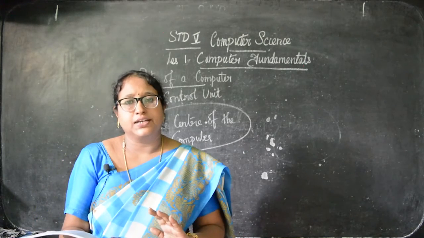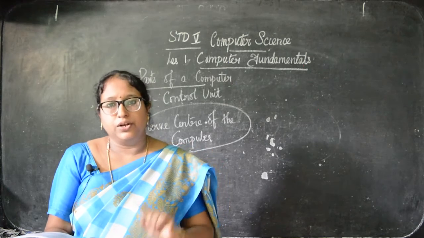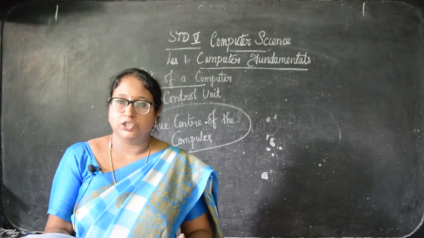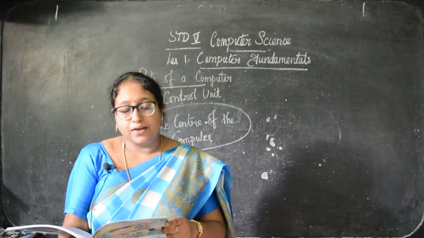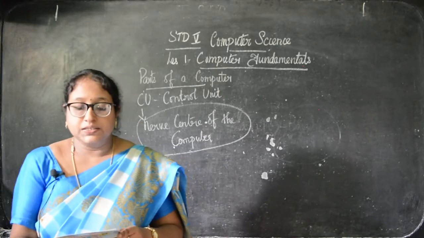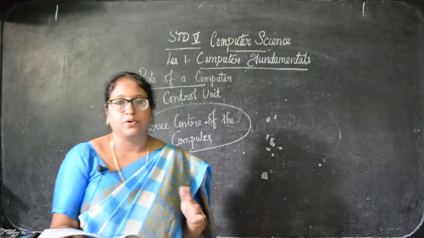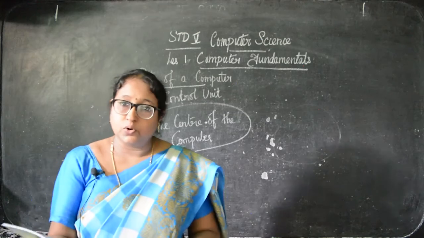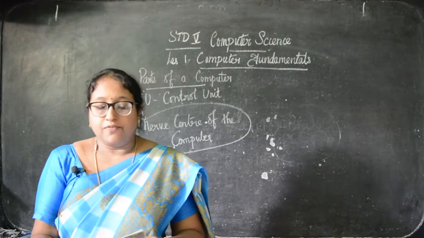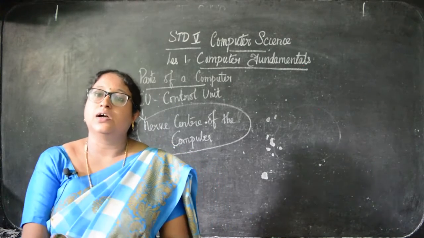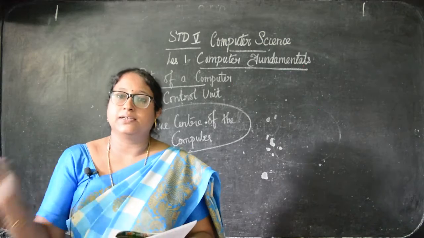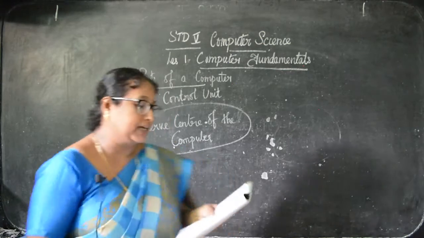So it transfers the data from where? From the memory unit to the arithmetic logic unit for processing. Then after processing the data, the CU stores the results in the MU, from where they are sent to the output unit.